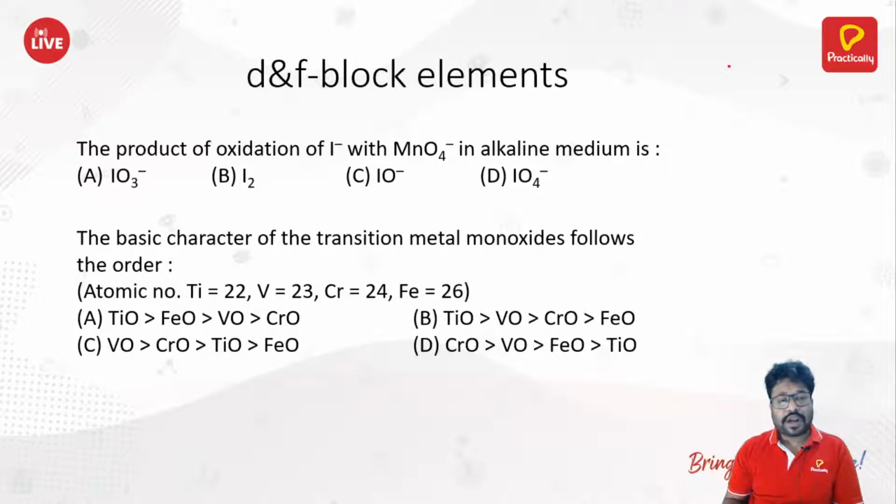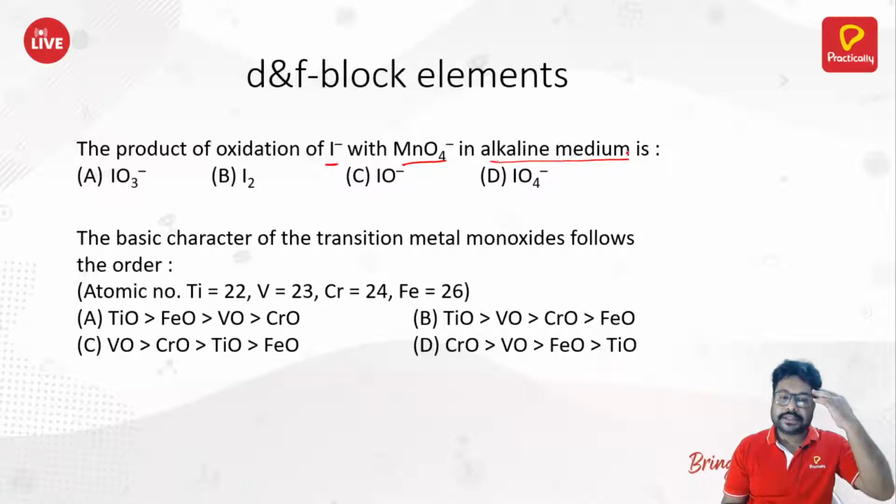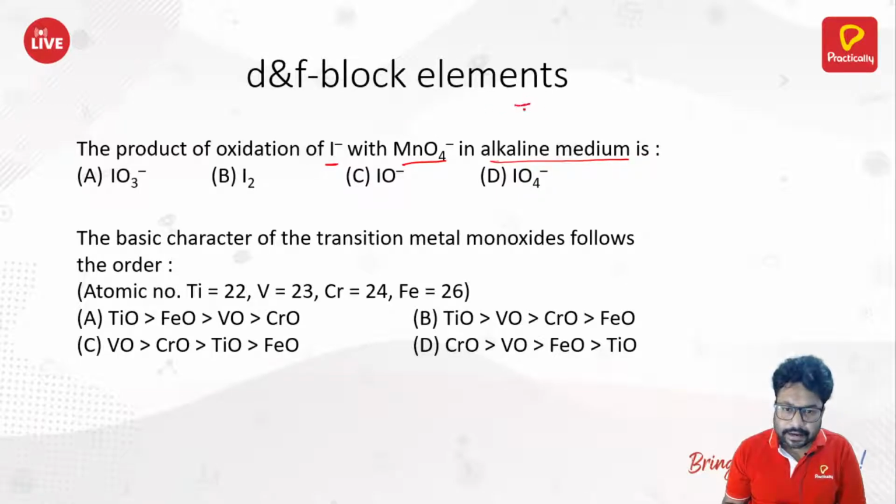Next, the product of I minus with MnO4 1 minus in alkaline medium is, see, now whenever you have I minus plus MnO4 minus in alkaline medium, that means OH minus.